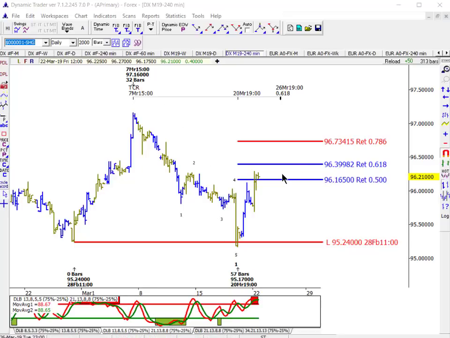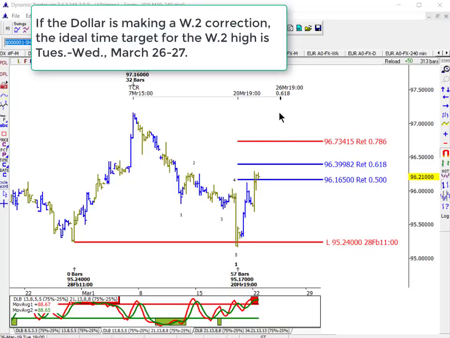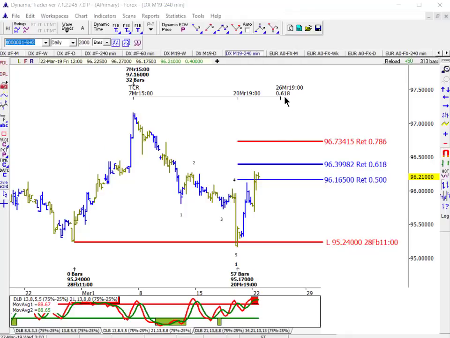We're making a wave 2. The 62% time retracement of wave 1 is on Tuesday the 26th, and that's typically the maximum for a wave 2 correction. On the daily data, I showed the 100% time retracement, and that's always considered the maximum, but this is at the maximum typical range.